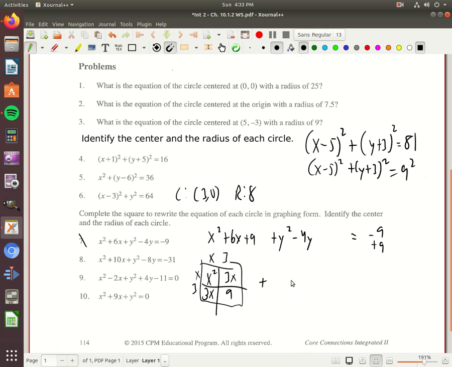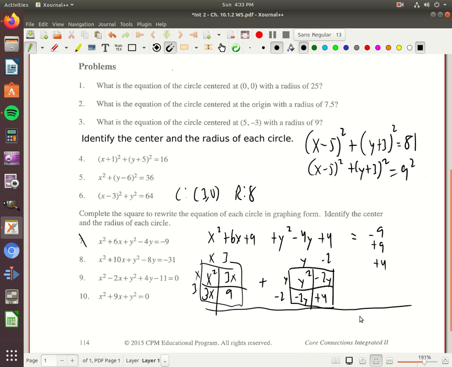And on this one, it would look something like y squared, and then I would have -2y and -2y. So I'd have (y - 2) and (y - 2). -2 squared is 4, so I need to add 4 here, which means I need to add 4 here.